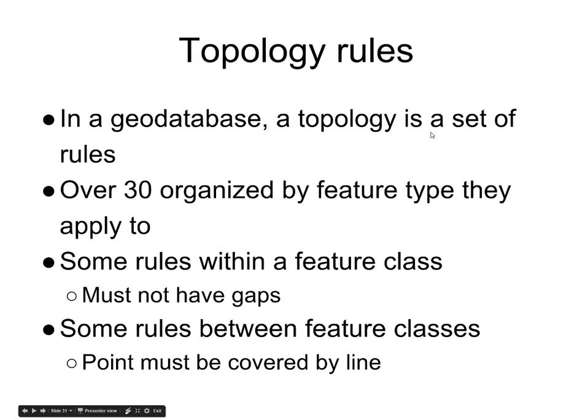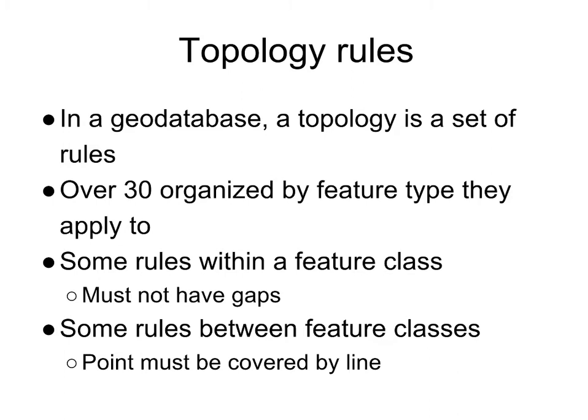So in the geodatabase, there are over 30 rules, and they're organized by the feature type that they apply to. Some rules apply to a single feature class. You could put a parcel feature class of polygons in a feature dataset, create a topology, and put in a rule that the polygons in a parcel layer must not have gaps.